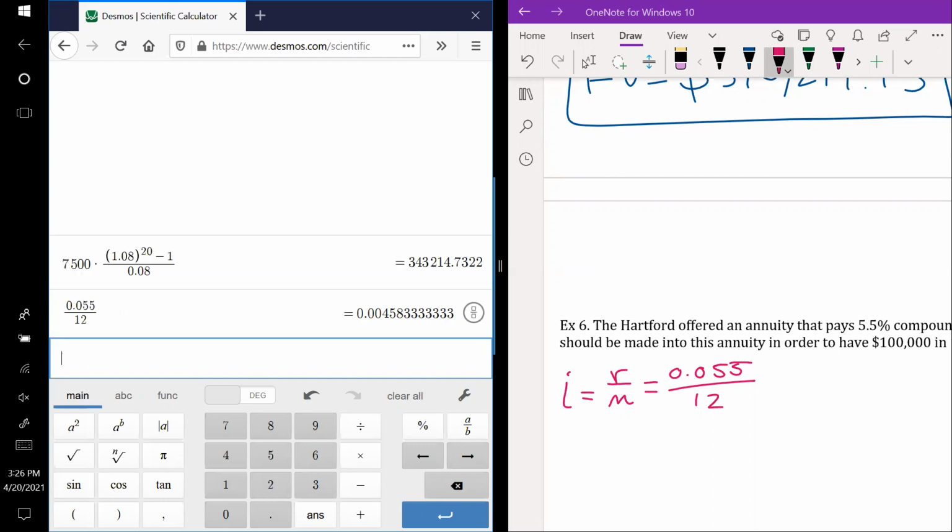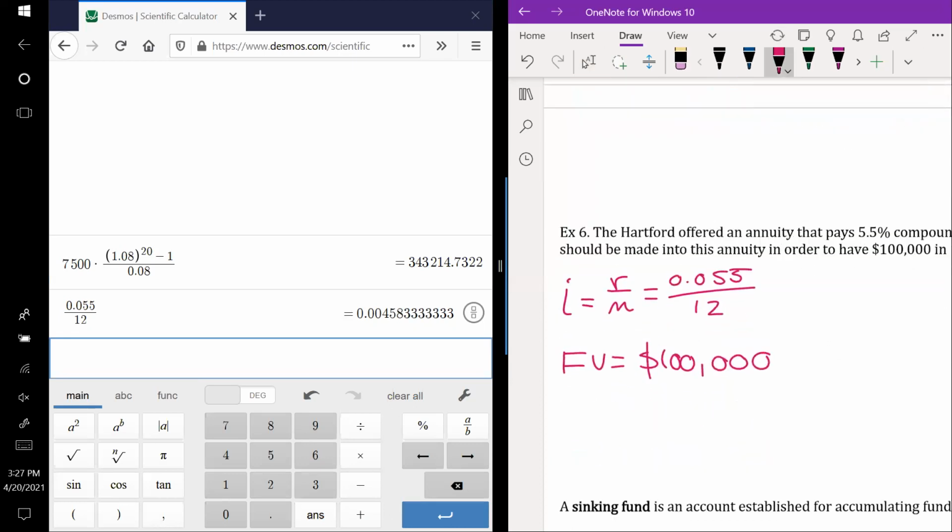Okay. All right, and then it says what equal monthly deposit should be made into this annuity in order to have $100,000 in 10 years. So they're giving us the future value that we want. We want to have $100,000.